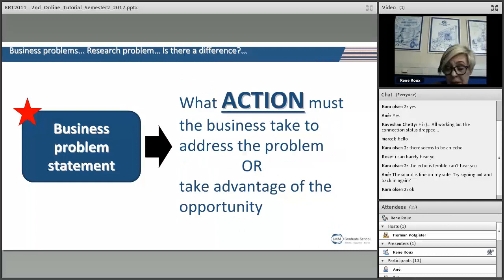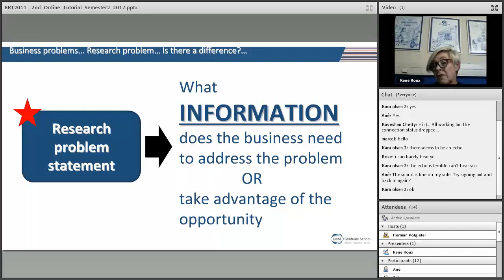So from a business perspective, they need to take action. So the business problem is, what action must the business take to first stop the decrease in sales, secondly, stabilize the sales figures, and thirdly, ultimately change it to a significant increase of 10% over the next 3 years. That's the business problem. Clearly they need action.